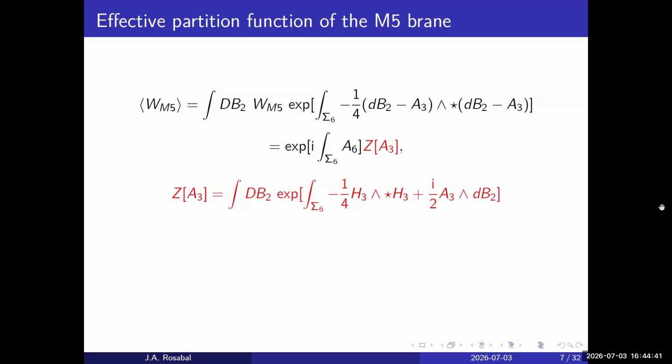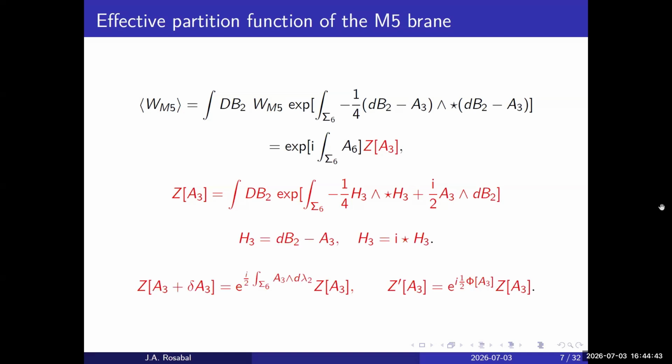Why? Because of this. If you look at the transformation of this object, or the transformation of the partition function, the transformation is like this. Or you can rewrite this transformation in a more familiar way like this. And see, this term here is similar to the one I presented at the beginning for the charged scalar. So in this case, you can view this object as a charged scalar.